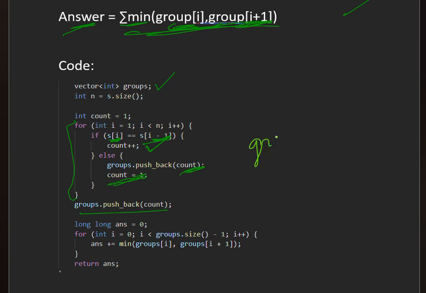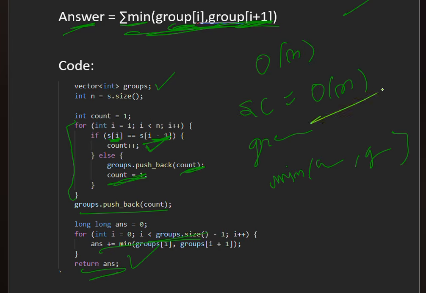Once we get the groups array, we iterate over it, and at every point we take the minimum of groups of i comma groups of i plus 1, right? And at the end we return the answer. So in this approach the time complexity is Big O of n and the space complexity is also Big O of n.